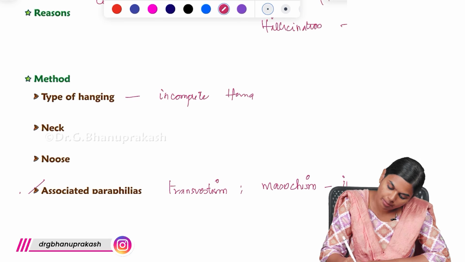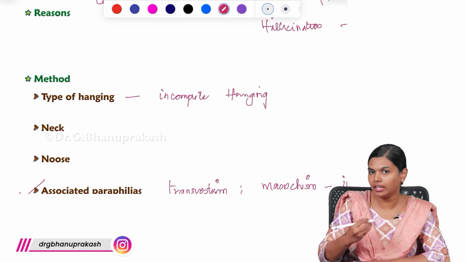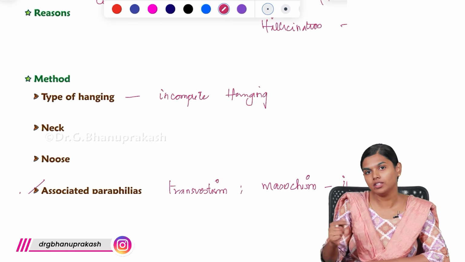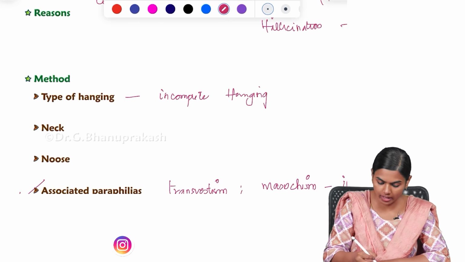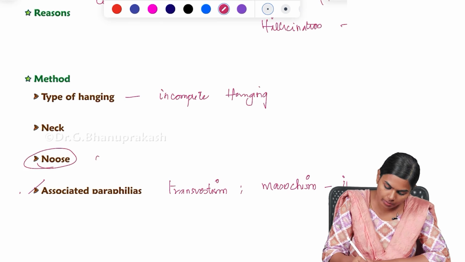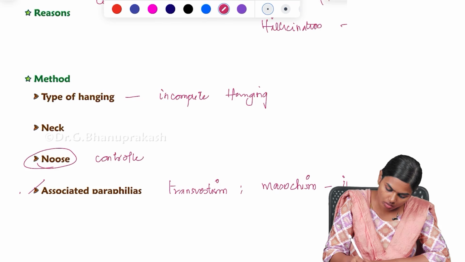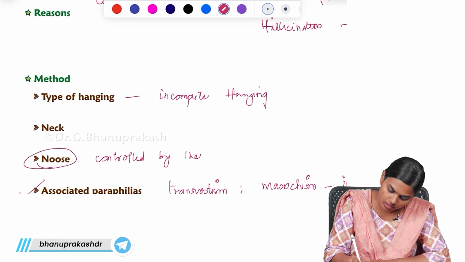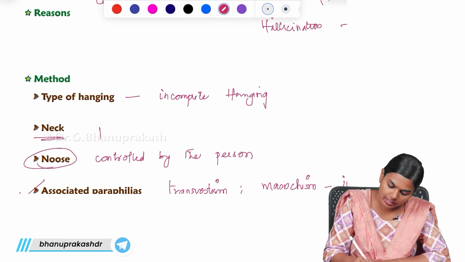So, this will be a partial hanging, like they will be sitting upon something, they will have the noose over their hand. So, this noose will be controlled by the person. And neck, usually they will have some sort of padding present.